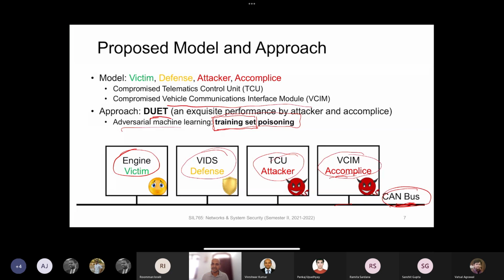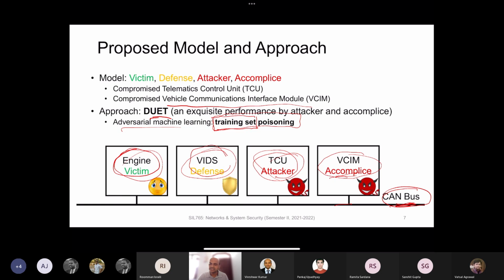After poisoning that data, we show that if the attacker launches an attack impersonating, let's say in this case, the engine, then the intrusion detection system will not detect that attack. I will talk about this in more detail, but is the approach clear to everyone?